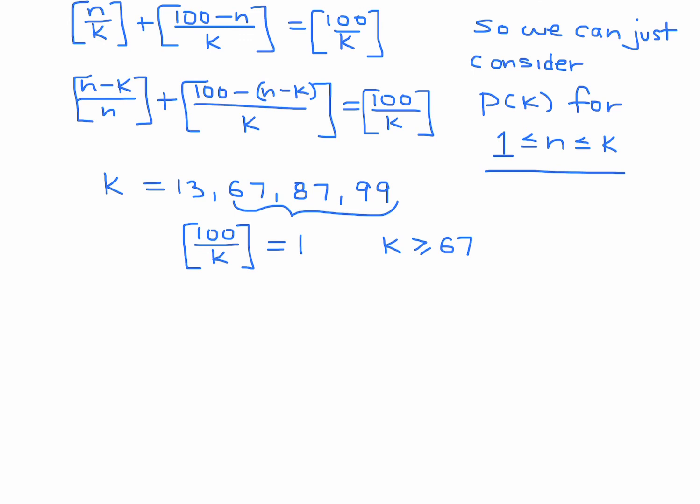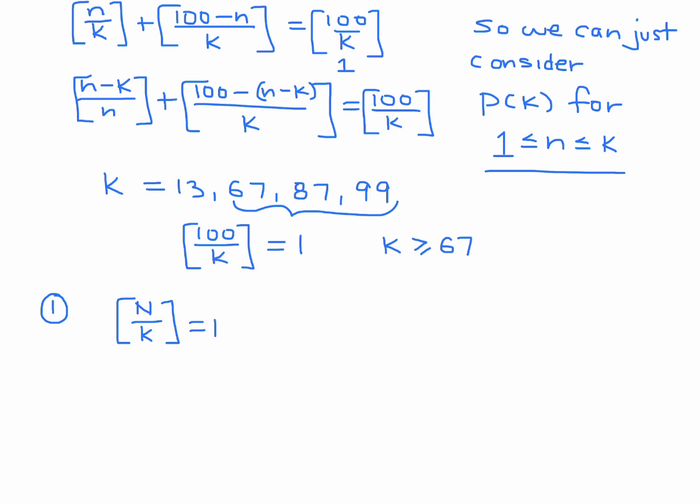For this equation to hold true, if this has been set as 1, then one of these has to be 1 and the other one has to be 0. So in my first scenario, I will say that n over k is my 1. If this has been set as 1, this has to be 1 and 0, or this has to be 0 and that has to be 1.